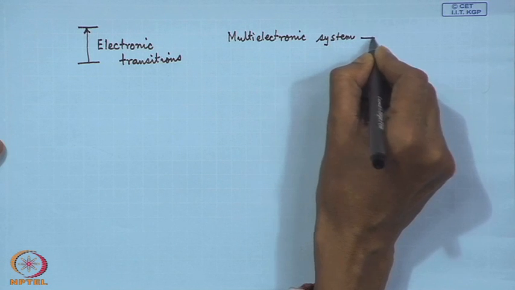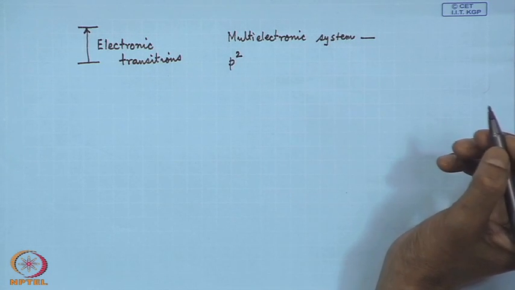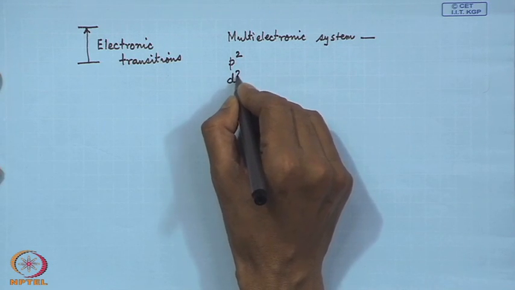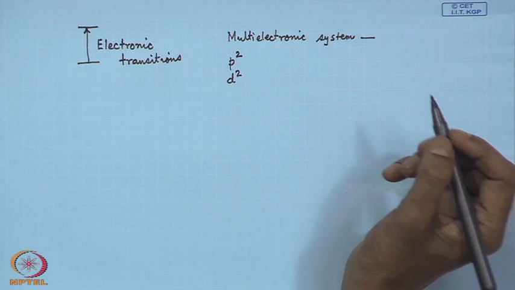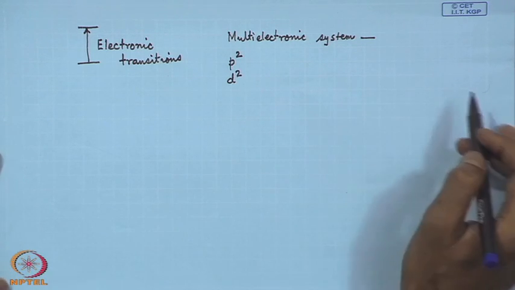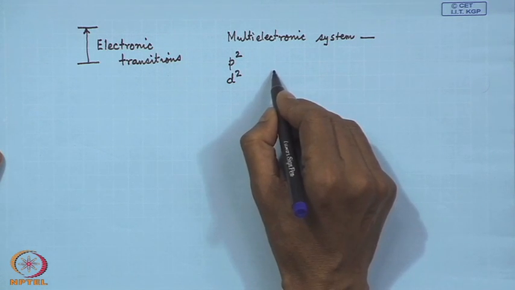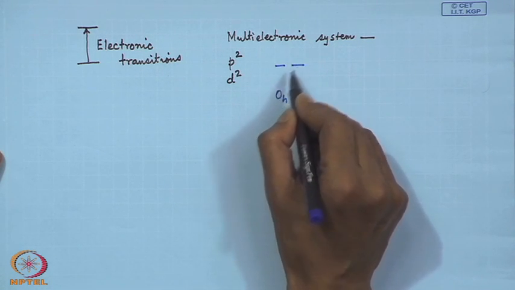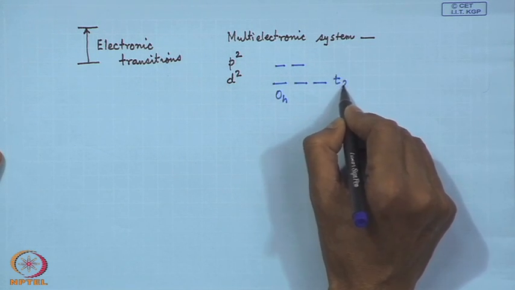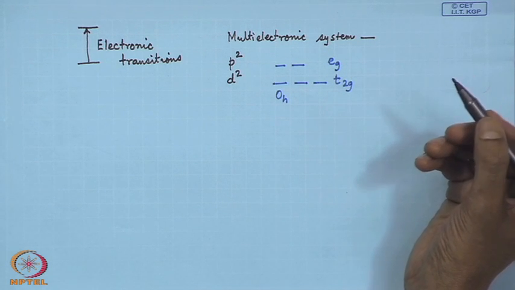we have seen that we have an electronic state where two p electrons are present or two d electrons are present, and in crystal field terminology what we were talking about, that in an octahedral crystal field these two electrons can be present either in the T2g level or in the Eg level.